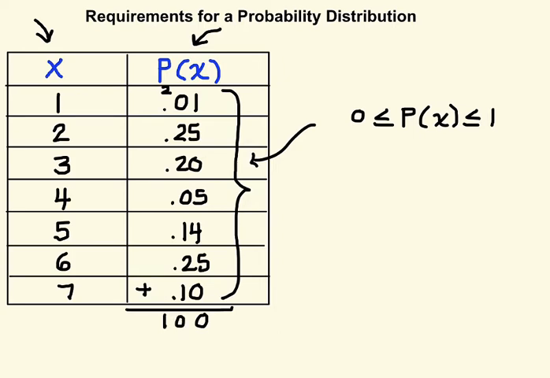So sure enough, the sum of all my probabilities is in fact equal to 1. So here are my two conditions. The sum of my probabilities is equal to 1, and each individual probability is between 0 and 1. So this is a valid probability distribution.